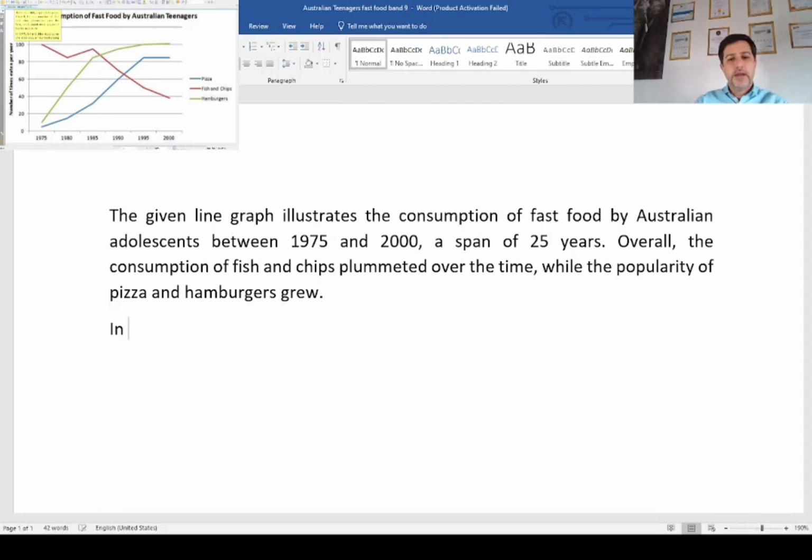So in 1975, you're going to mention the beginning of the period. As you see here, the beginning of the period is 1975. So you've got to mention what year and how much, or what level actually. So in 1975, fish and chips stood out.